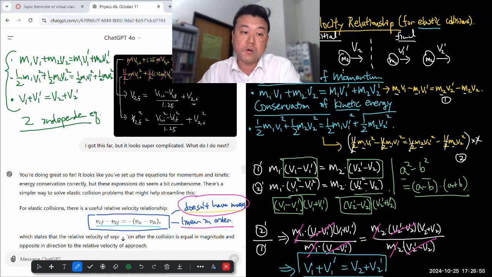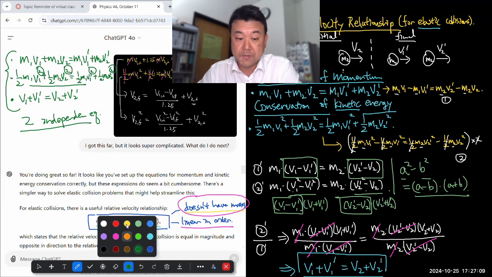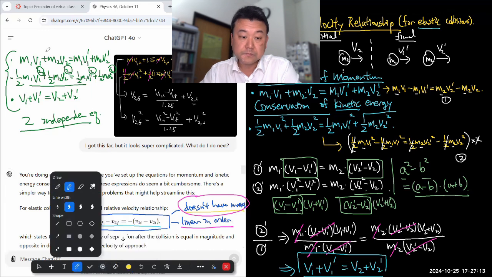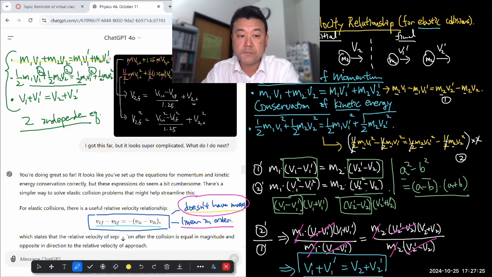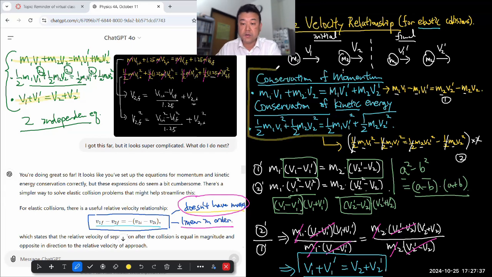And before, when I was trying to solve those questions using conservation of energy, I had to deal with these square terms that always made my algebra complicated. But if I now, instead of the conservation of energy expression, pick the conservation of momentum expression and this relative velocity expression, then between those two equations, they contain all the information that was in the original set of equations.